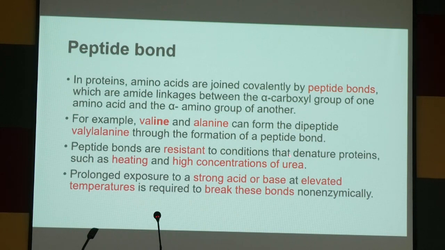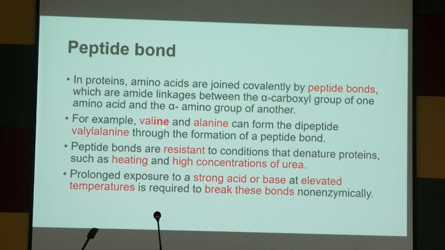So the peptide bond. These two amino acids, valine and alanine, are connected by a peptide bond, and they form valyl alanine.